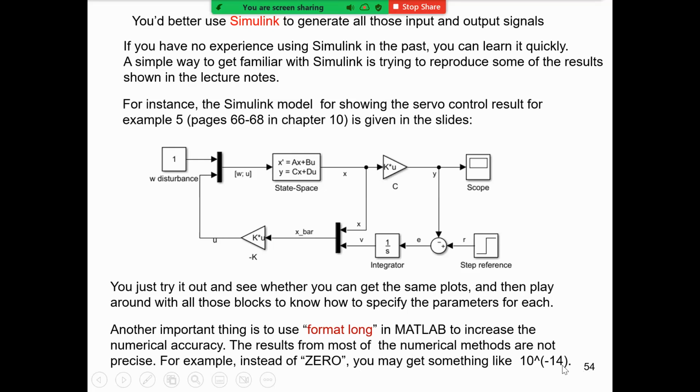And also sometimes it's supposed to be a real value, but you may get some complex value. But you can see that in those complex values, the imaginary part is very small. In those cases, you can just assume that those imaginary parts are 0. Okay, that's how you deal with the numerical errors in MATLAB for this project.